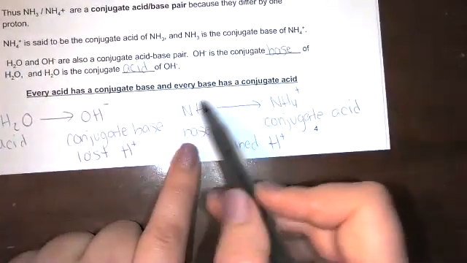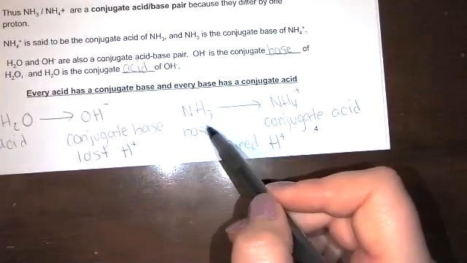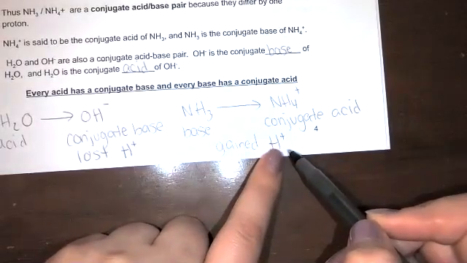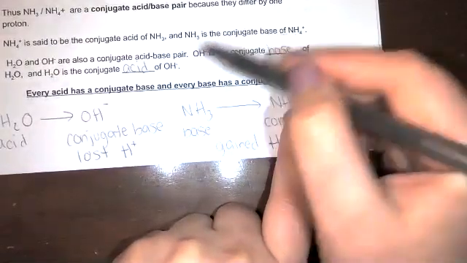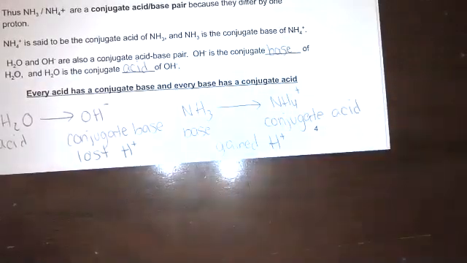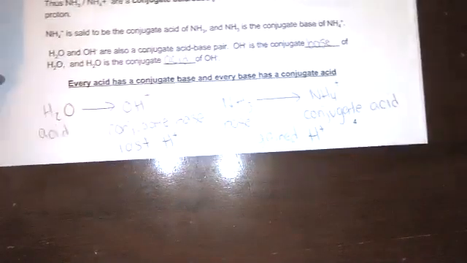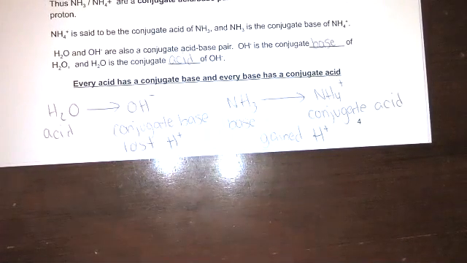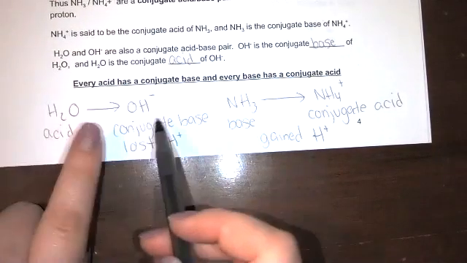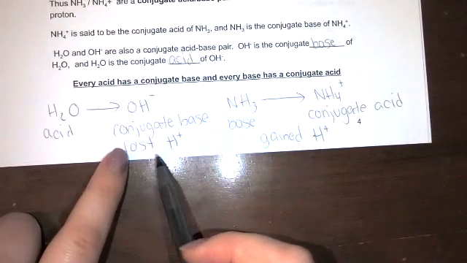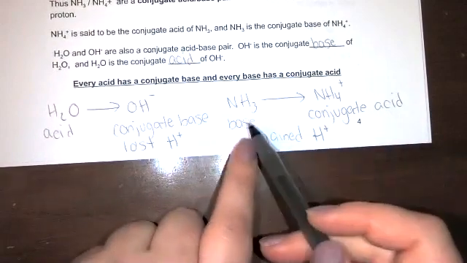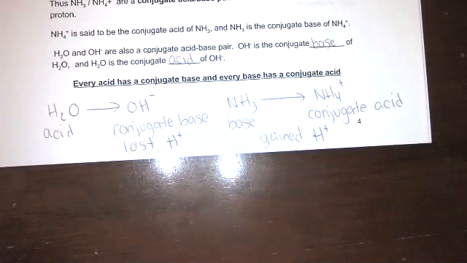When I'm starting with my base, for example ammonia, and moving to look at the conjugate acid, notice how I have gained a proton, because if this is now my acid looking to turn into a base, I would be losing a proton. So just watch our terminology here. An acid is one that will donate a proton, and a base is one that will gain a proton. However, the conjugate base of an acid has now lost a proton from the acid, and our conjugate acid has now gained a proton from the starting base.